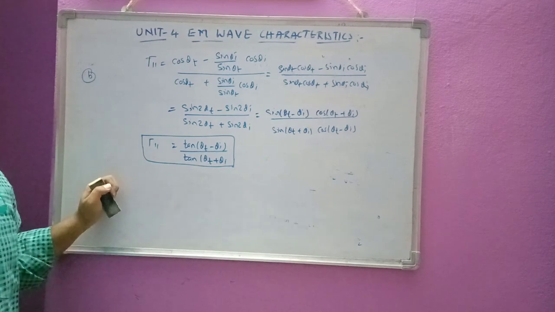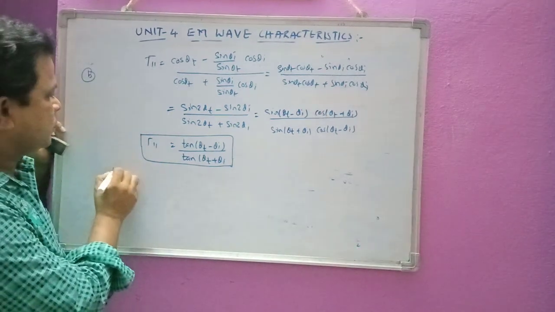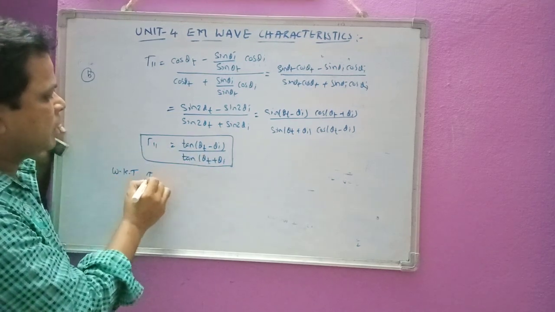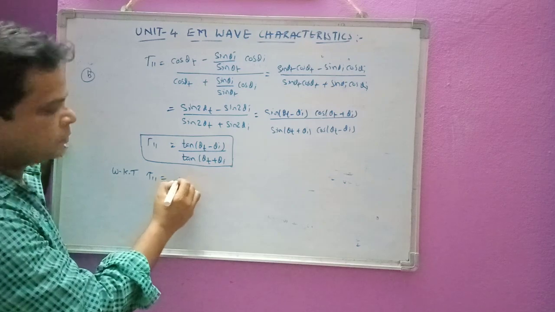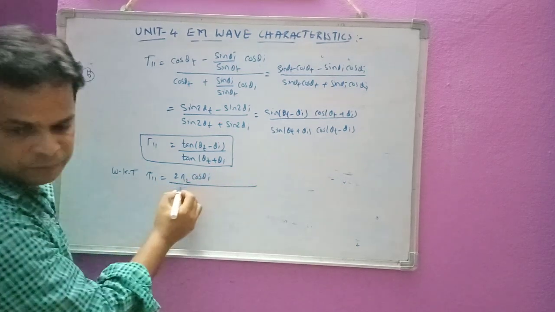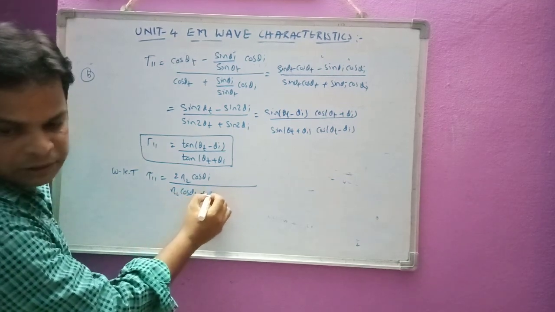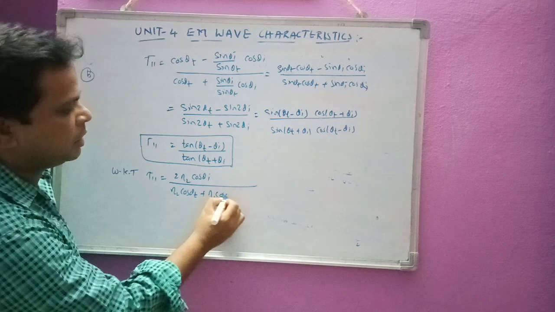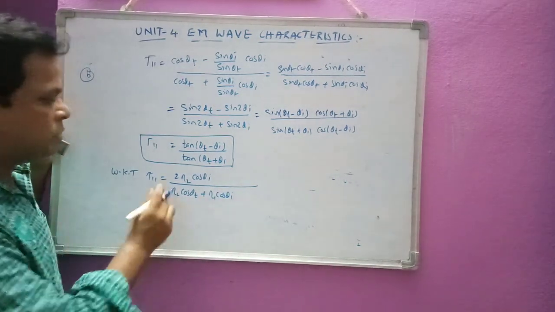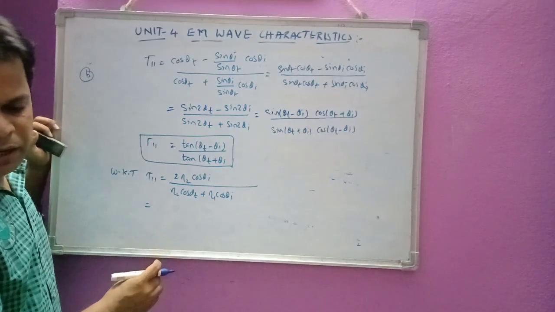Similarly, I am going to get the formula for tau parallel. So all of you remember this formula. We know that tau parallel is equal to 2 eta 2 cos θi by eta 2 cos θt plus eta 1 cos θi. Now we are going to represent eta 2 and eta 1 in the form of eta naught by square root of epsilon r.